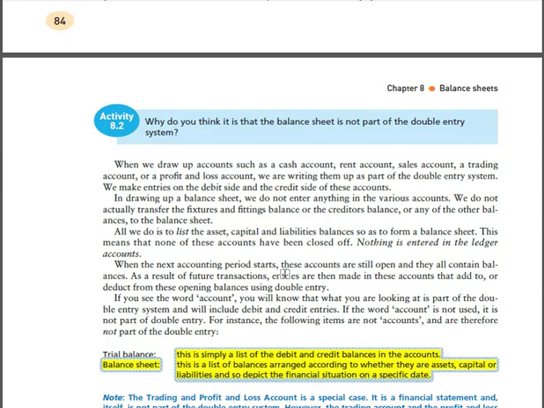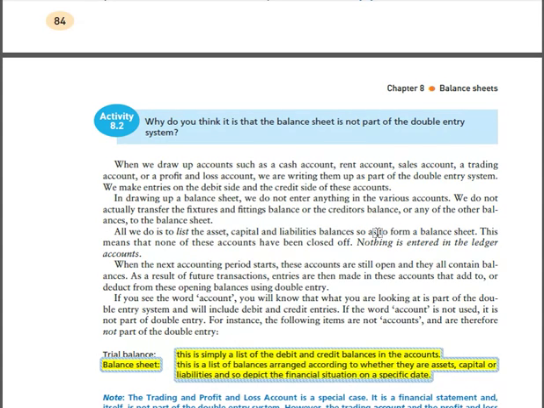One of the reasons for this is that the trial balance and balance sheet are just simply lists of debits and credits arranged. So we are not closing off any accounts, we're not transferring any accounts to different accounts, we're just arranging them to find out our balances. These accounts would stay as they are and the balance would then move on to the next period.